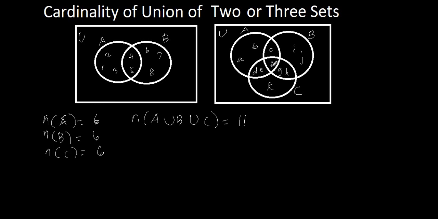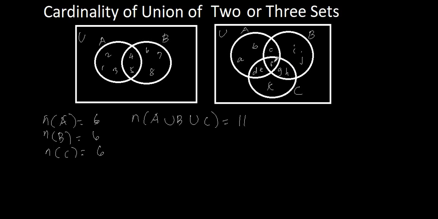And another is the cardinality of the intersection of set B and set C, because this will again be counted twice, so you need to subtract one count.